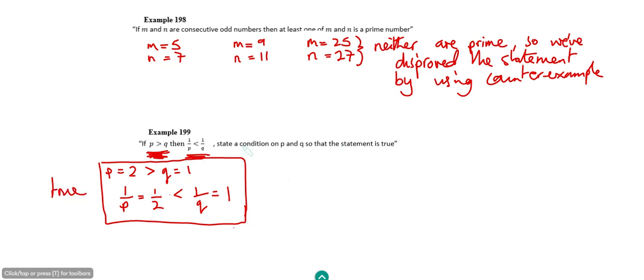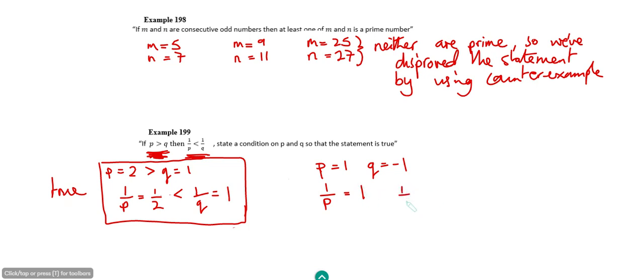So I'm now going to try and find something which is going to make this not true. I'm going to pick that P is equal to 1, and I'm going to pick that Q is equal to negative 1. So let's see what happens here. 1 over P would equal 1 over 1, which is 1.